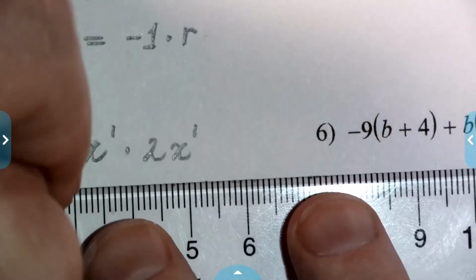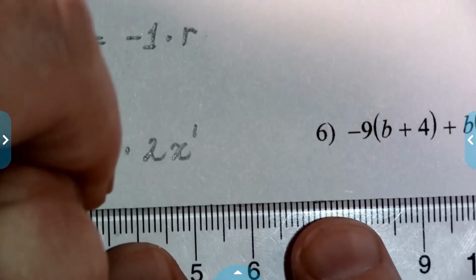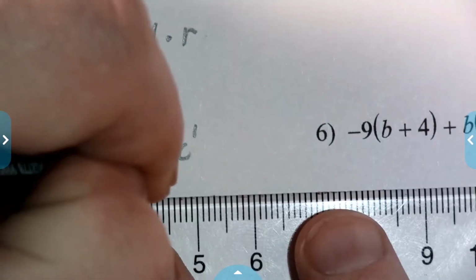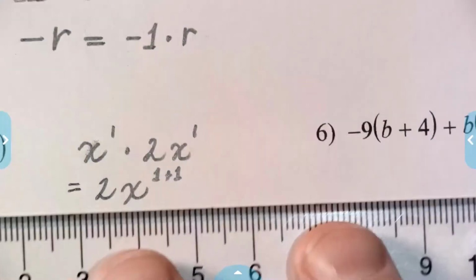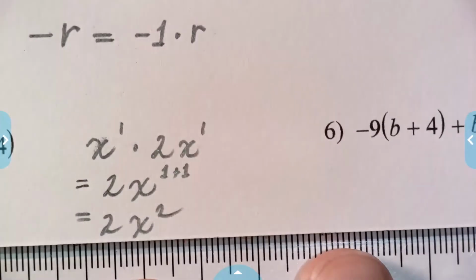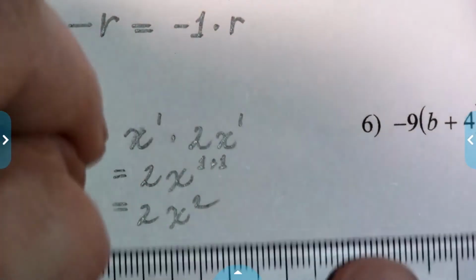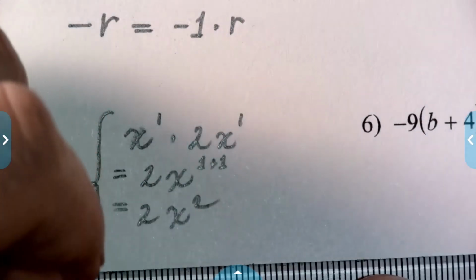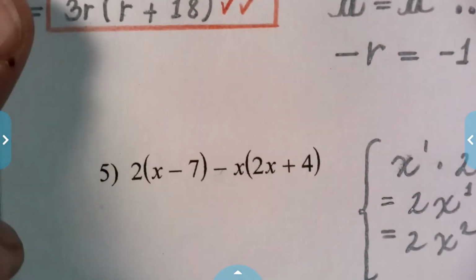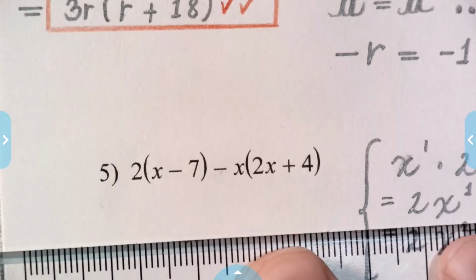Okay, and that's going to equal 2x to the 1 plus 1, which is going to equal 2x squared. So when we get to that part, you won't be super confused, okay? We'll just put that in a little bracket. All right, moving on. So here we are with number 5.